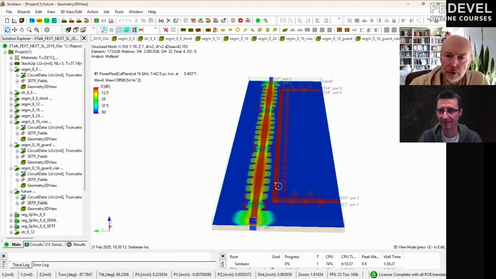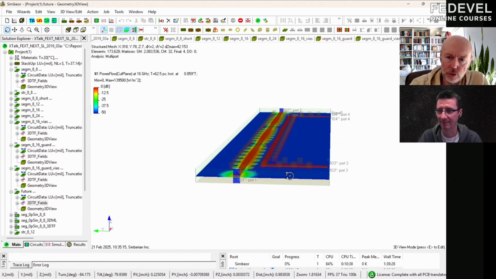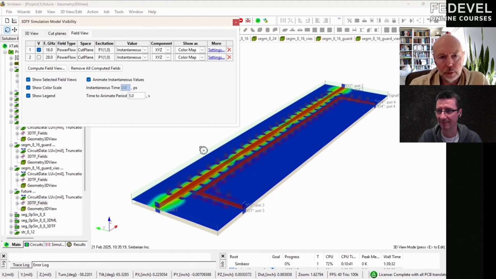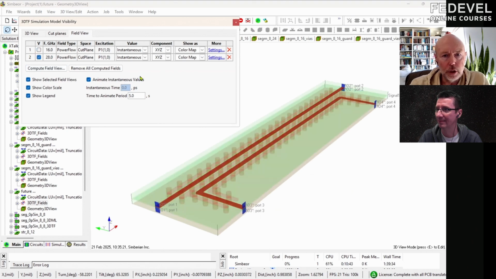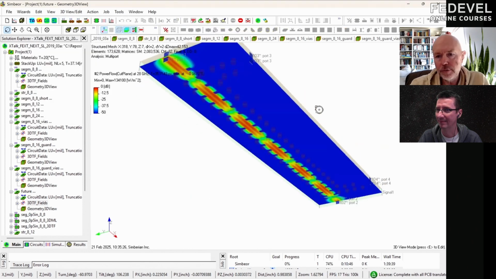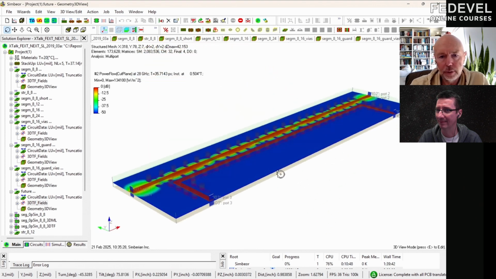But right here, we don't use the waveguiding part of the mode. We use just the coplanar part of the mode. And now let's just go to 28. And right here it's minus 50 already, nothing.